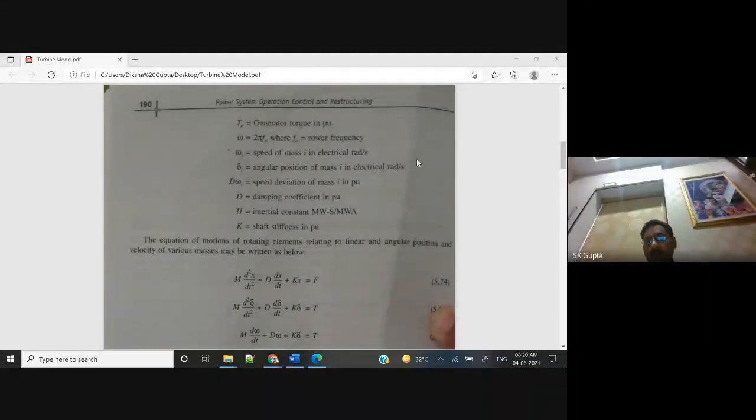Then this system, one spring along with the weight, can be represented by this equation: m d²x/dt² + d dx/dt + kx = f. Is this equation known to you?